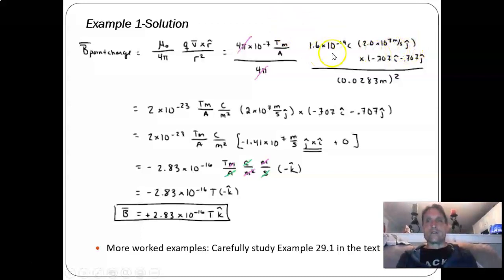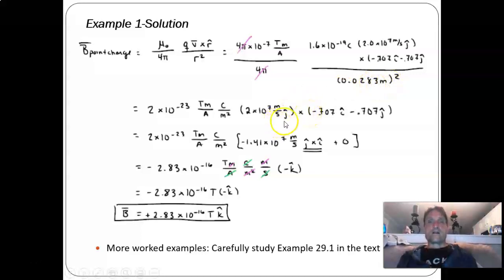Here we plug in v, 2.0 times 10 to the 7 meters per second, and we have the unit vector r, which is negative 0.707 along i, minus 0.707 along j. And then we divide that by the magnitude, which we put in meters, 2.83 centimeters. And we take the cross product, and you can do this.